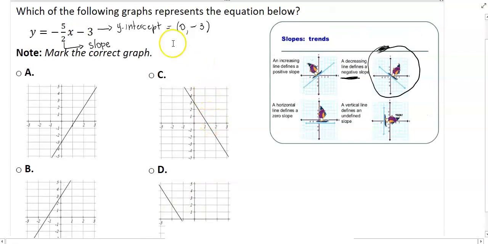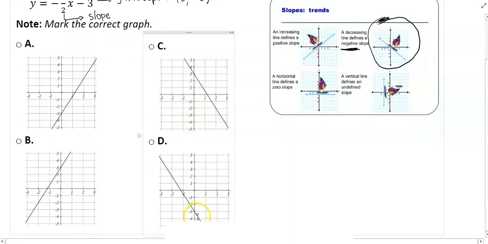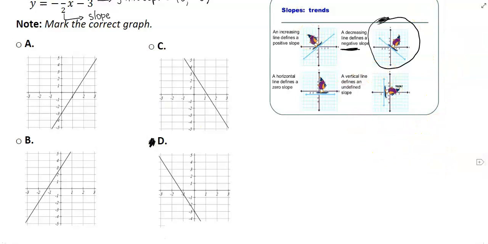Then I just identify that the y-intercept is -3. So this, the y-intercept is +3, and this is -3. So then my answer will be D. Okay, so once you know the slope trends, you can easily identify those things.